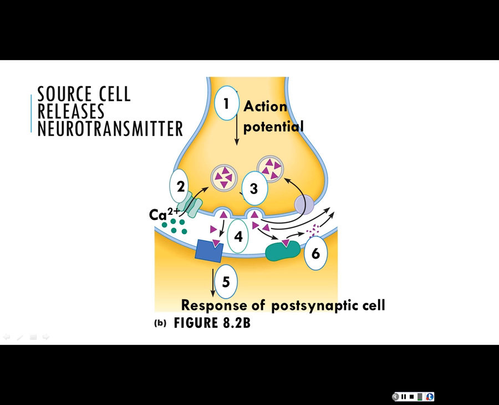Alternatively, the neurotransmitter may actually be taken back up. Where? You can see in point 7. It may be taken back into the presynaptic cell. And once it's back in the presynaptic cell, it's certainly not in the cleft.